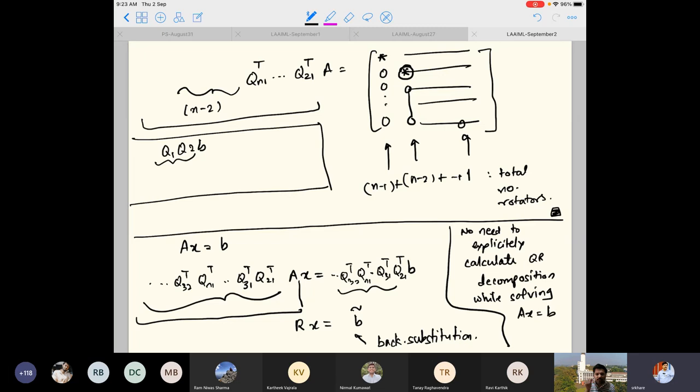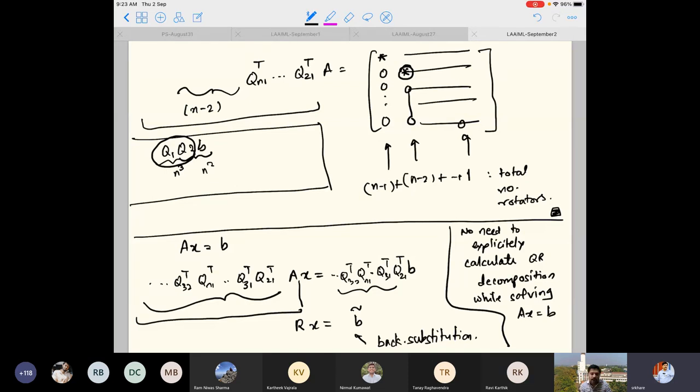Have you seen that lecture that I have shared? It is n cube. And how many are required for matrix vector multiplication? It is order of n square. So now you see, if you multiply these two matrices q1, q2 first, you are required to do n cube number of operations. Is it not?